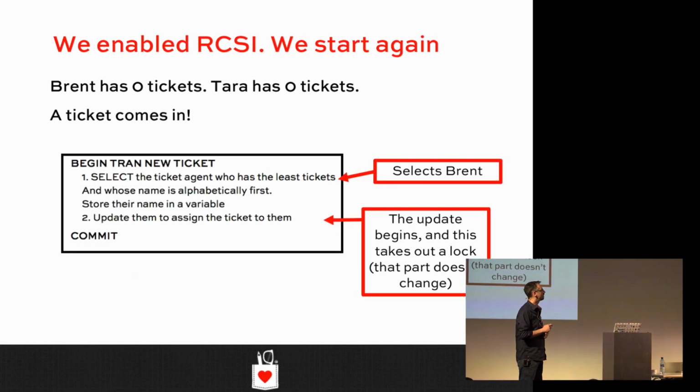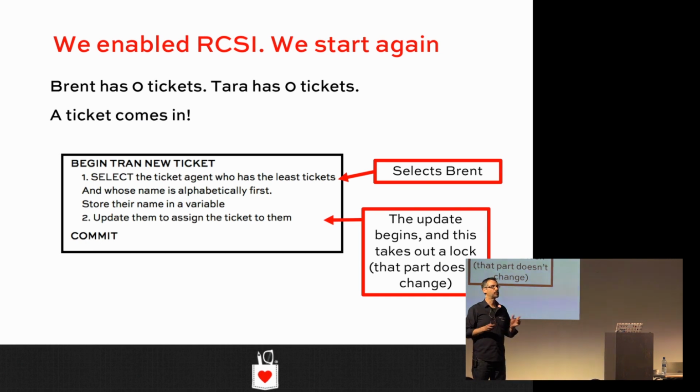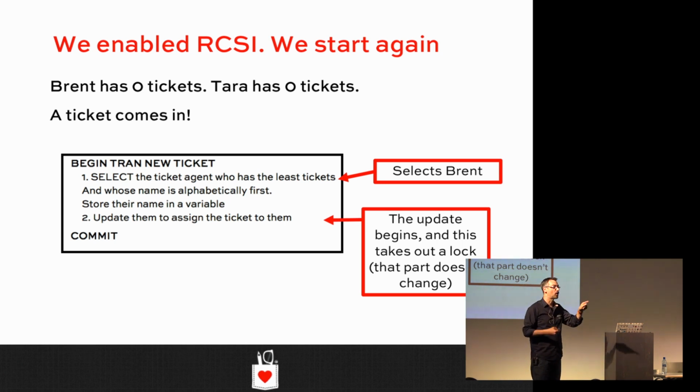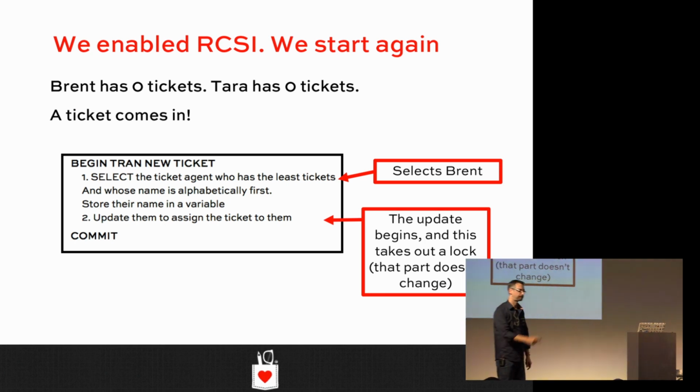Things are a little bit different when I start with RCSI. The stored procedure still starts, the select still runs, and the update starts. The update takes out a lock, just as it always did. But remember, an original copy of my row in the help desk table is now over in TempDB.